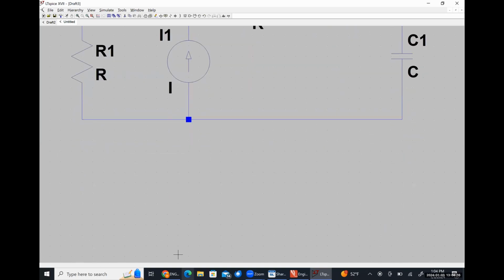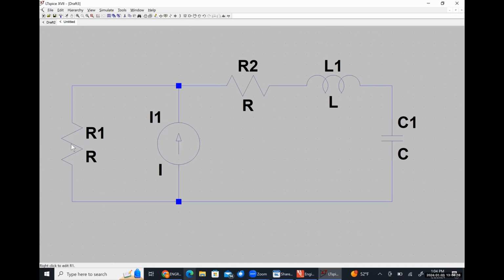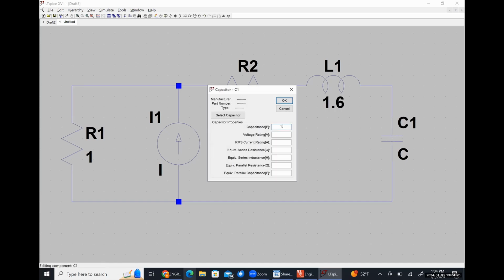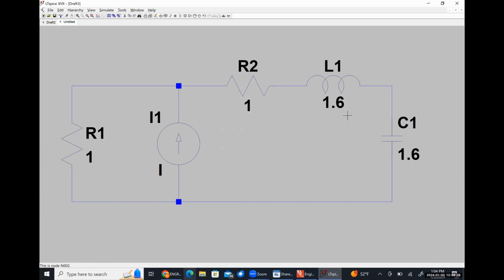All right. So that's all that. 1 ohm, 1 ohm, 1.6, 1.6. As I mentioned previously, I always choose to put my ground terminal at the negative polarity terminal of my capacitor voltage, which would be down here at this bottom node.